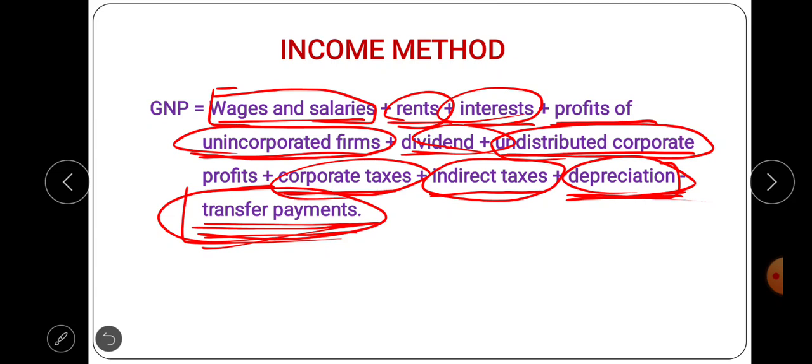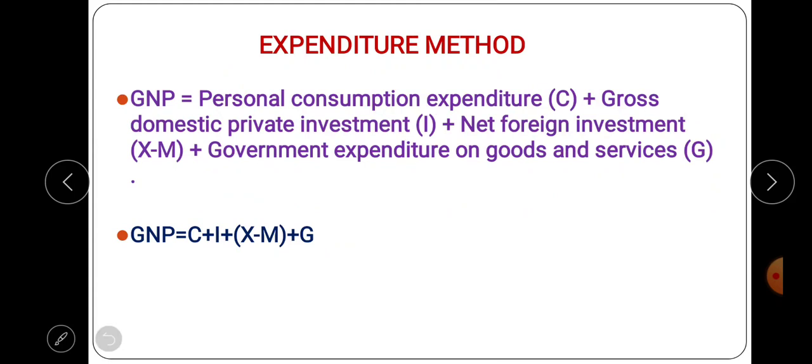That's why there is a minus sign here. This one is deducted from the GNP. With the help of this formula, we can measure the national income, and this method is called the income method.